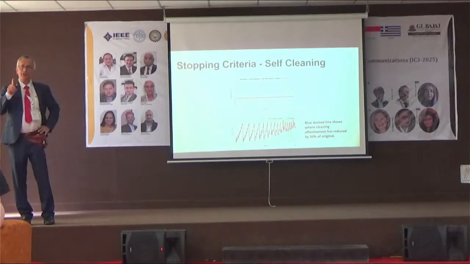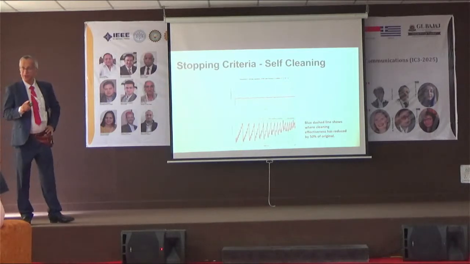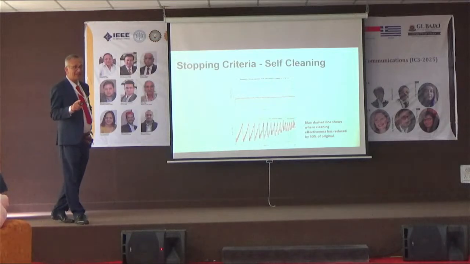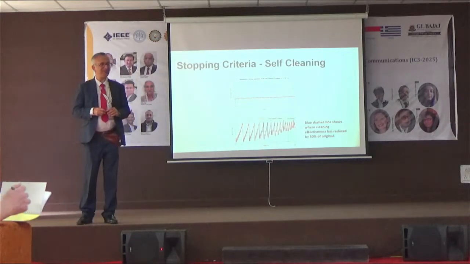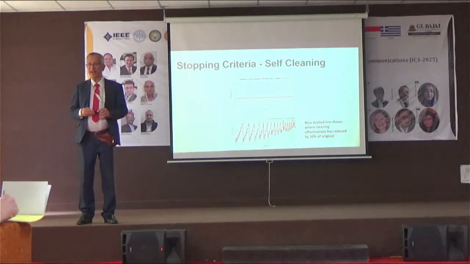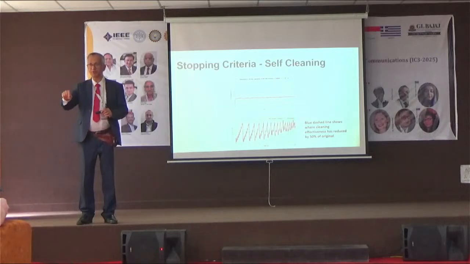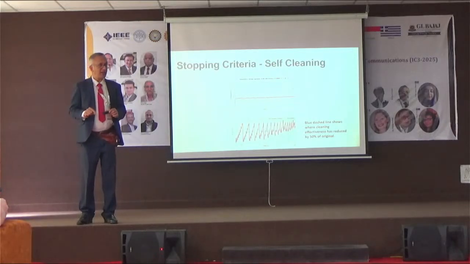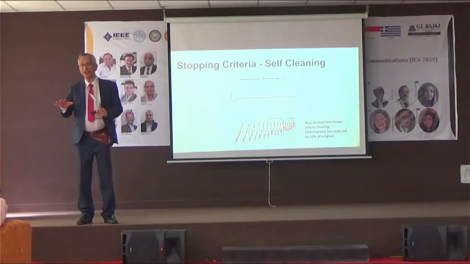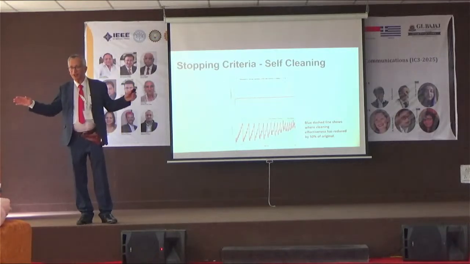One important parameter in all of this is the stopping criteria. When you are doing this optimization, you need to understand when to stop optimizing. Self-engineering is good, but it's not possible to self-engineer forever. So when to stop?